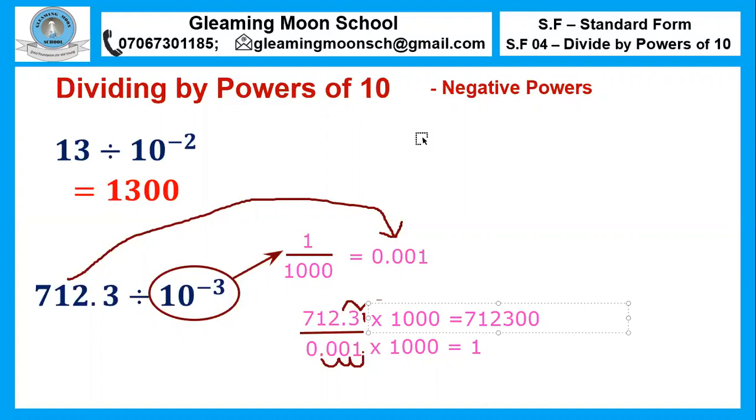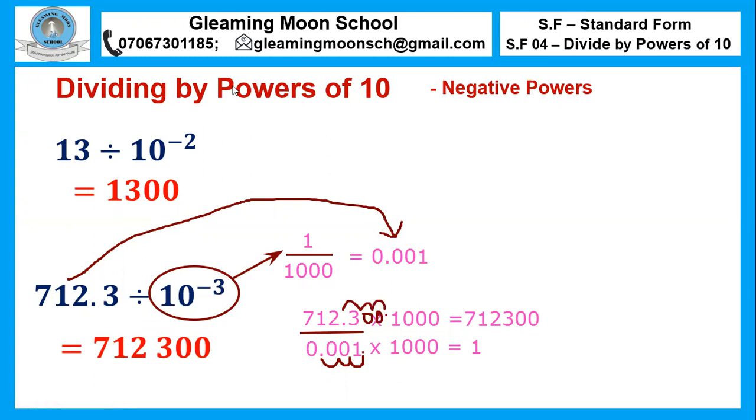This one is dead easy. So that means 712.3 divided by 10 raised to the negative power of 3 is equal to 712,300. I'm going to ask you again to copy these illustrations and annotations before I rub it off.